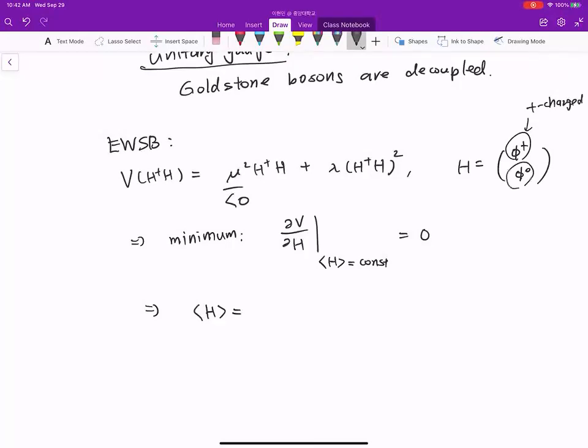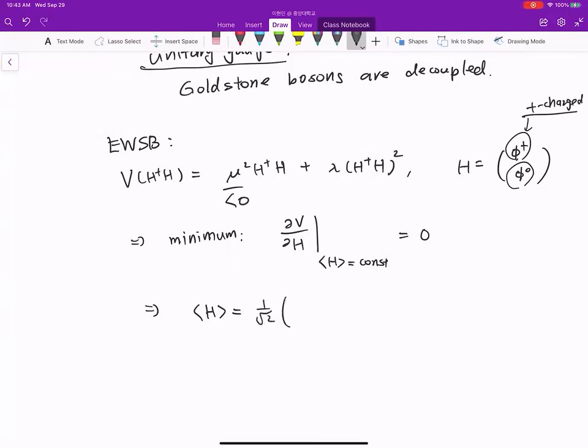In the downstairs we have a neutral one. So this plus charged scalar will be eaten by the W boson, the charged electroweak gauge boson. In any case, this complex scalar could not get a vacuum expectation value. So you would be breaking the charge. So you shouldn't break U1 electromagnetism.